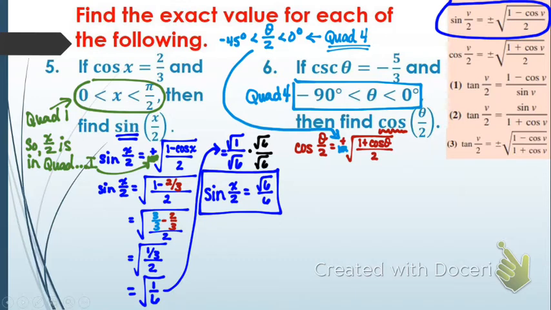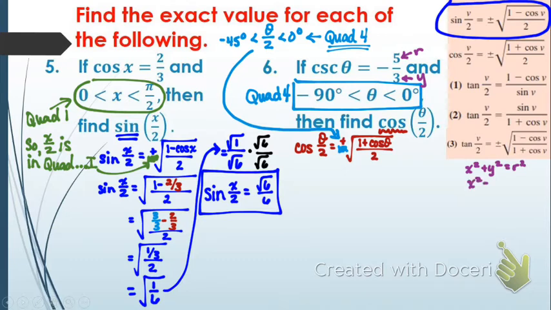How do I find cosine of theta? Cosecant is r over what? R over y. Because it's the reciprocal of what? Reciprocal of sine. If it was r over x, all I would need to do is flip it over and I would have my cosine. All right. So x squared plus y squared equals r squared.